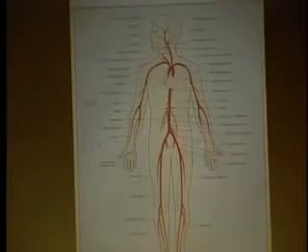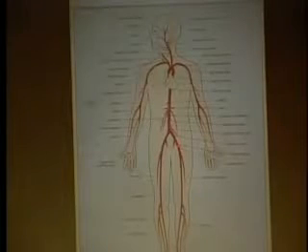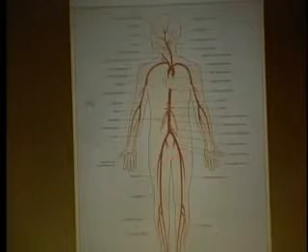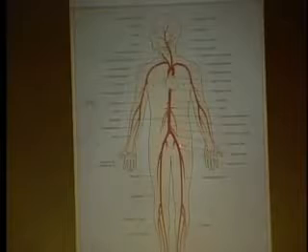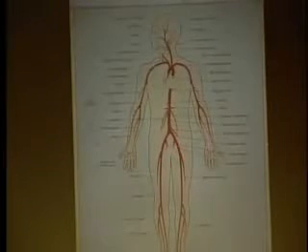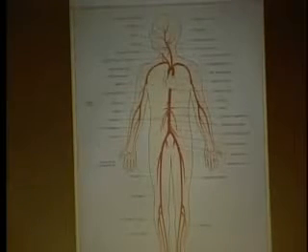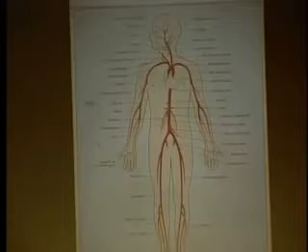At what level does the external iliac become the femoral artery? The inguinal ligament. You've got it coming right across here. Very clear to see. And in what triangle was the femoral artery? Okay. Good. New slide.